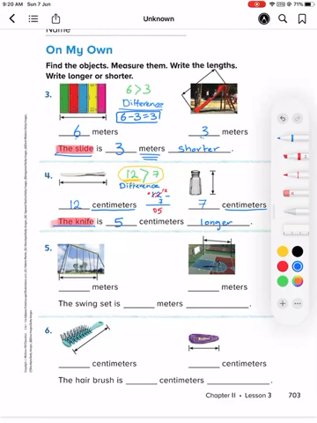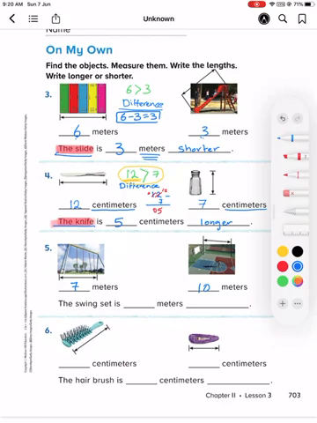I will give you the measurements of these two final questions, but you will find longer or shorter and the difference. So let me write them for you. The swing has 7 meters and this football or basketball stadium has 10 meters.